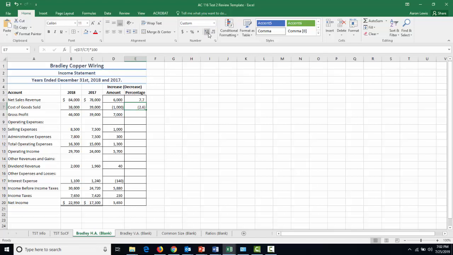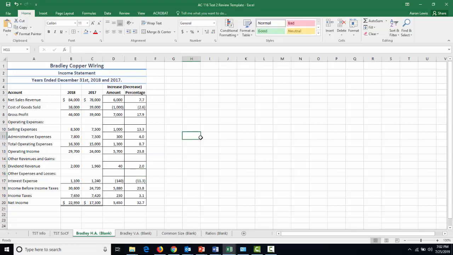In formatting, it's up here on the top where you can increase or decrease your decimal. It's typical to have percentages expressed to one decimal place. So again, we could go through and fill in all those formulas individually, but we're going to cheat. We're going to use the fill handle and drag it down. And deleting all these weird div zeros, just click on them and hit delete, we get our percent of change.